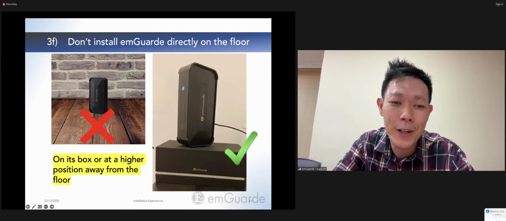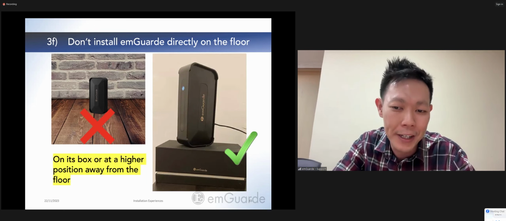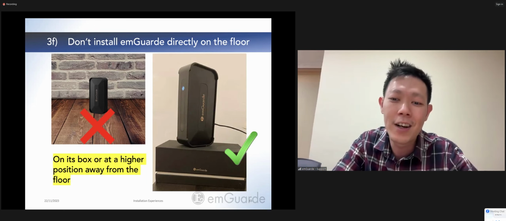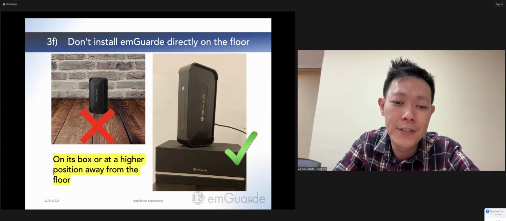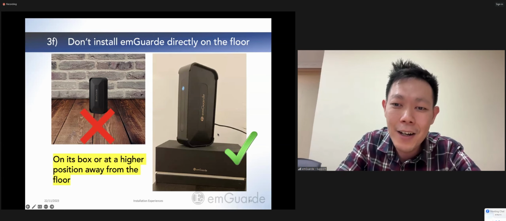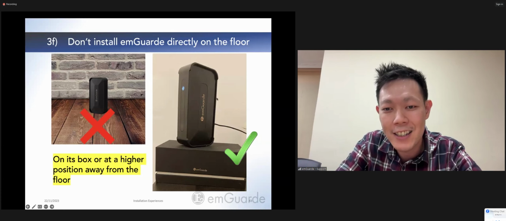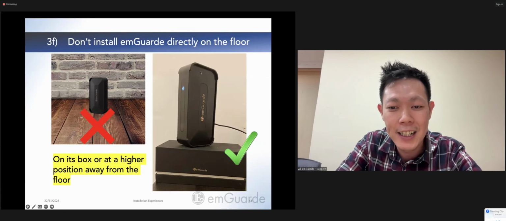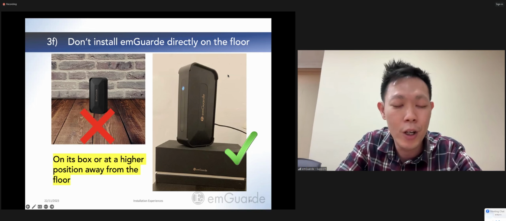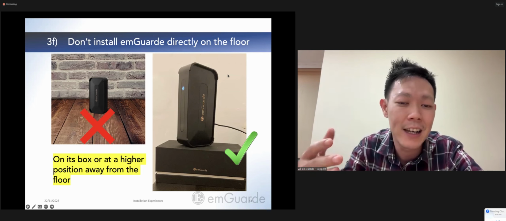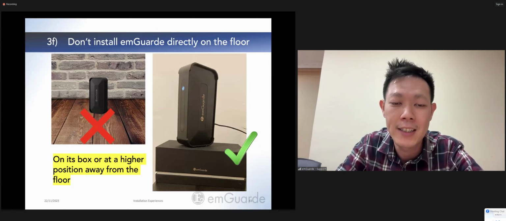So the correct way to place your emGuarde is to put it on the original box above. Either portrait or landscape also works. Okay, this is the example that we can put on top to prevent the electrostatic from affecting the efficacy of emGuarde's coverage.